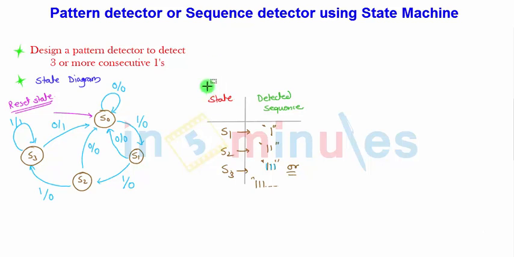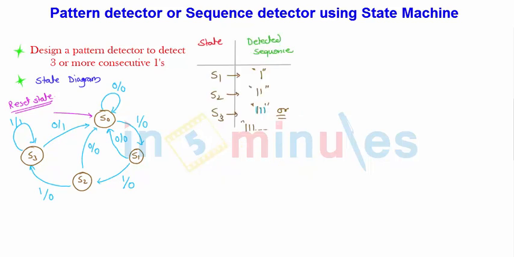Now for this state diagram, we have 4 states. To represent these 4 states we have to assign variables. Two variables are enough to assign the states. Here I'll make a column for the state, and the next column for the assigned variables. There will be two variables because we have 4 states.